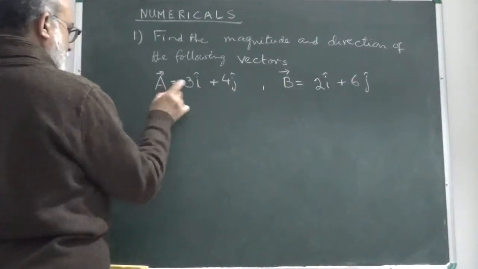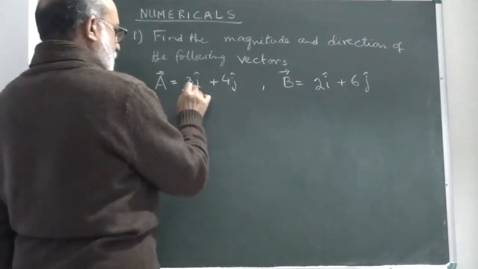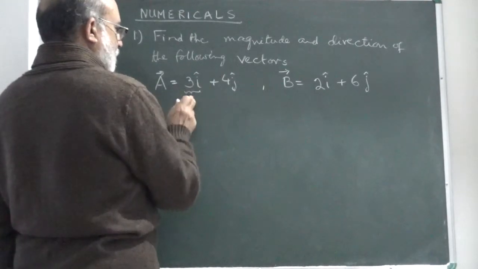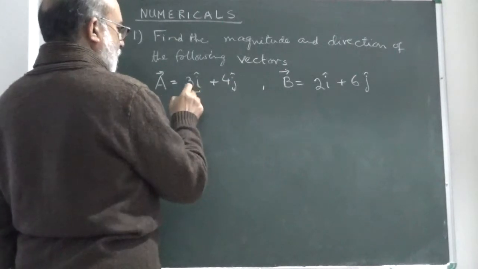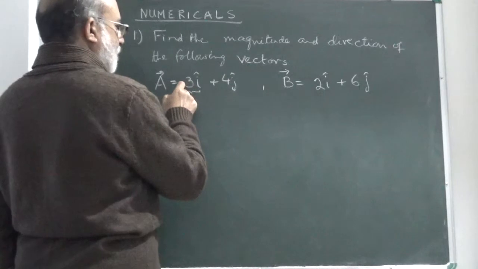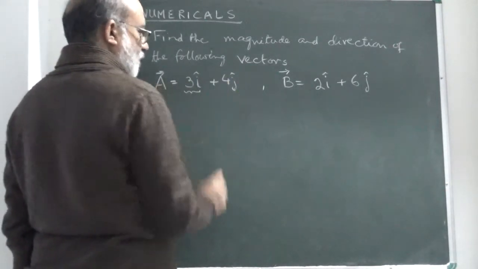So the magnitude of this will be... the vector A has two components, 3i plus 4j. This is along the x-axis, this is along the y-axis. Its component along the x-axis is 3 in magnitude, and along the y-axis its magnitude is 4.